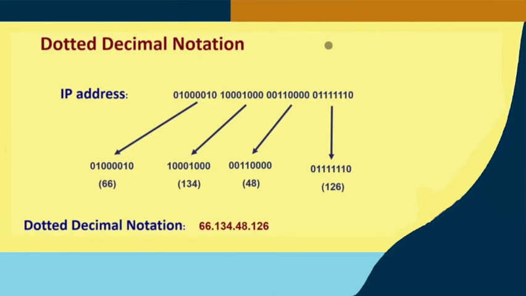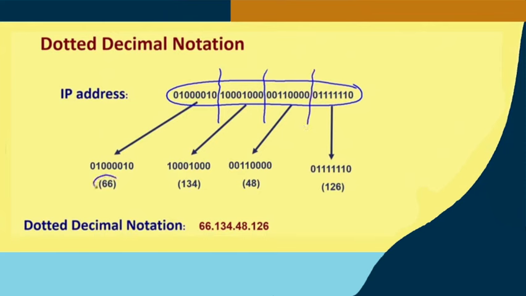Now, the dotted decimal notation, let us take an example here. Suppose here we have a 32-bit IP address. You see there are 32 bits. This we have divided up into 4 8-bit chunks, octets, and each of these chunks you are expressing in equivalent decimal.